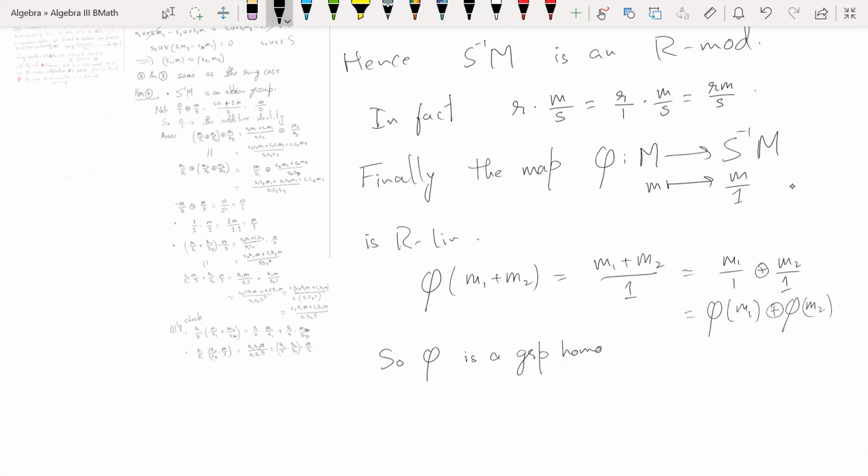And then the next thing you have to check is that it behaves well with respect to scalar multiplication.